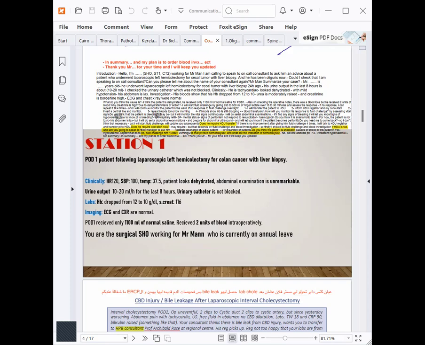Post-operative day 1 received only 1,100 ml of normal saline. Received 2 units of blood intraoperatively. You are surgical senior house officer working for Mr. Man, who is currently on annual leave.